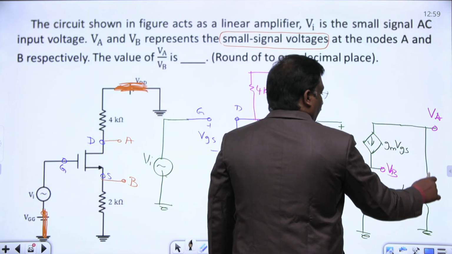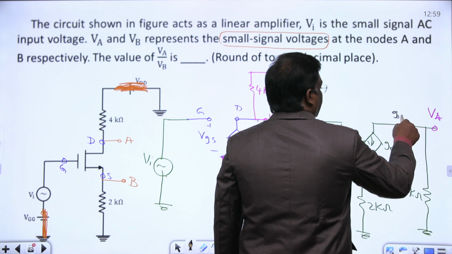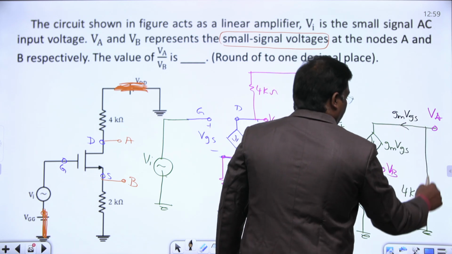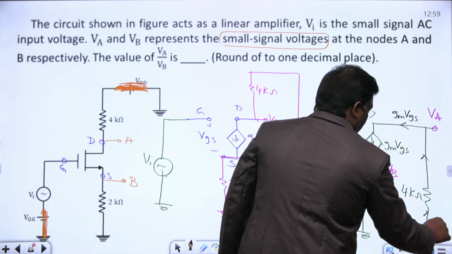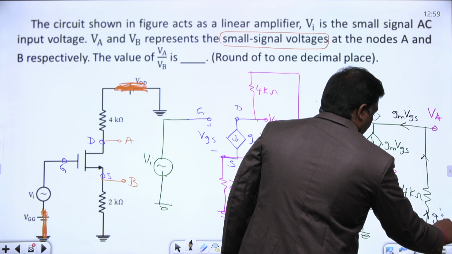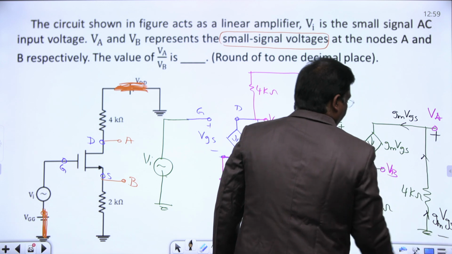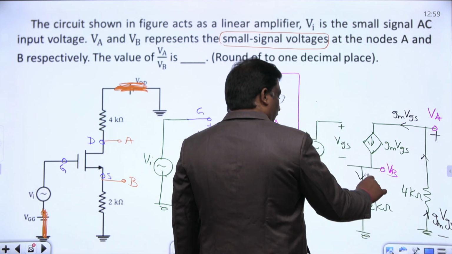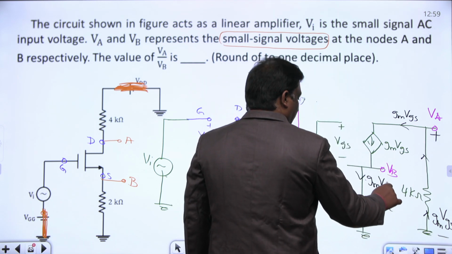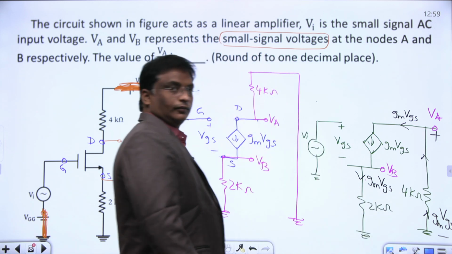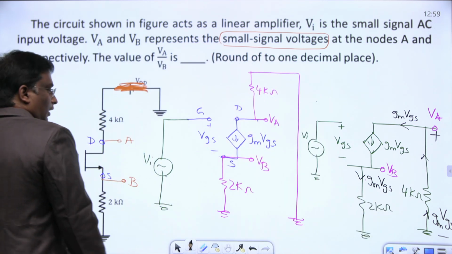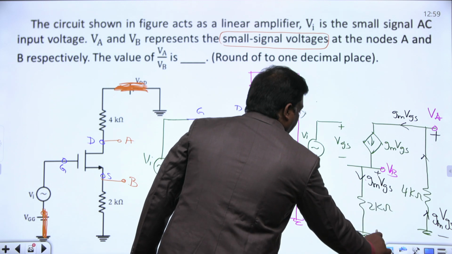Here this current flowing like this is gm into VGS itself, and this also gm VGS. This voltage is VA with respect to ground. Here gm VGS is flowing like this, and this VB polarity is plus minus like this.